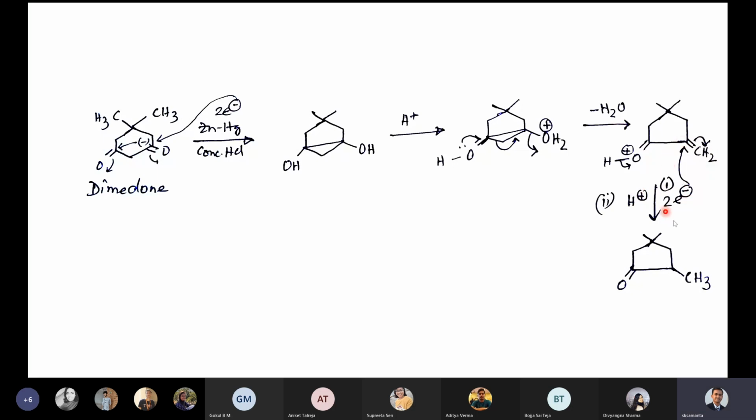So these 2 electrons are taken up by this double bond, and this CH2 minus can take up 1 proton from the medium, because you have considered HCl medium, to generate this compound. And it has been found that this compound becomes so stable that it does not undergo further reaction, at least in that condition. So that is how this compound is generated. Clear, everybody, up to this point?